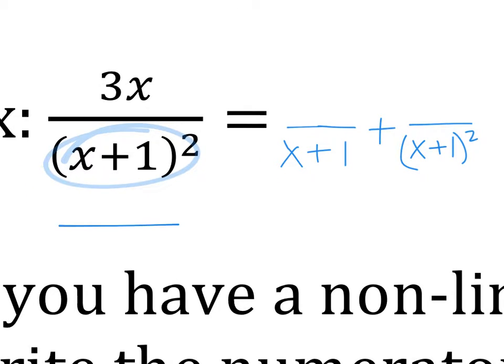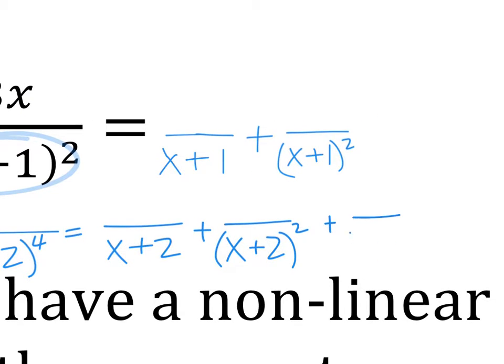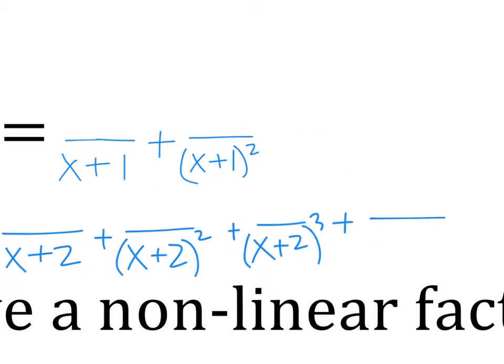Okay, for example, if you have x plus 2 to the fourth, you're going to do x plus 2, x plus 2 squared, x plus 2 cubed, and then x plus 2 to the fourth. Okay, so this is how the game is played. Please don't get too frustrated on why it is like this. This is just how it is.